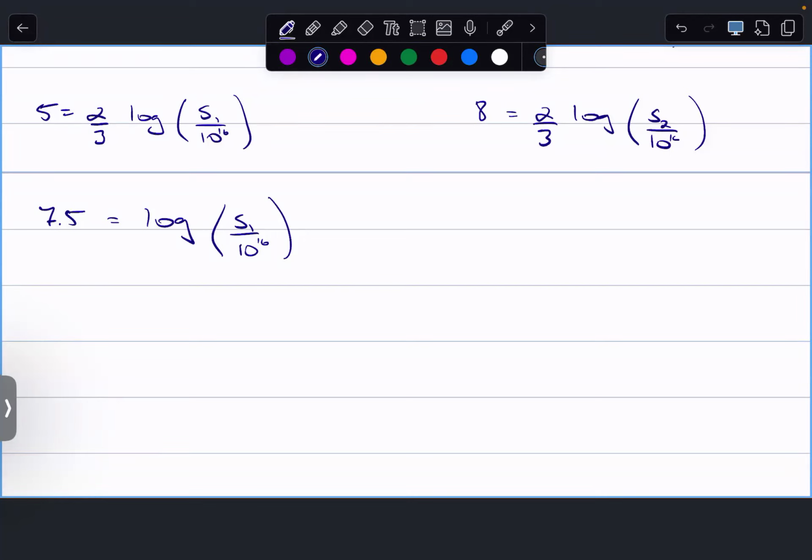Stick with it. 8 times 3 divided by 2, if we do these in tandem, 8 times 3 is 24, divided by 2 is 12, is the log of S2 over 10 to the 16.